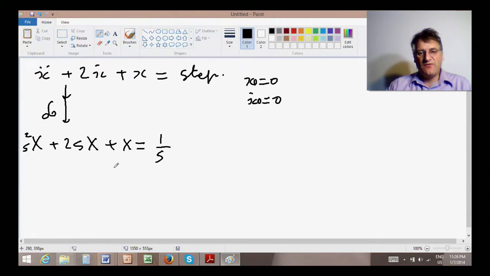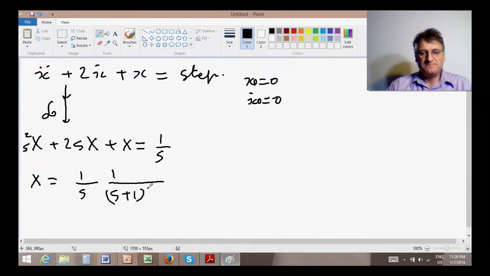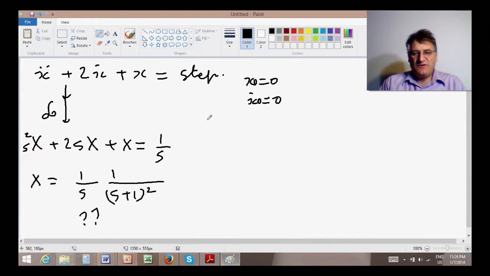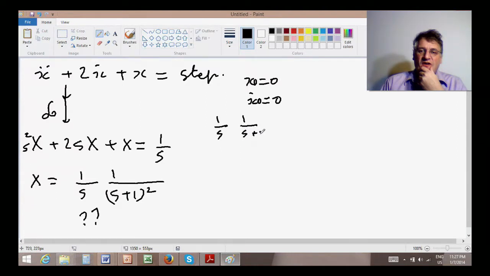So very quickly, what we get is that X must be equal to 1 over s times 1 over s plus 1 squared. What is that anymore? Well, what we're going to do is write it as a couple of things: something involving 1 over s, something involving 1 over s plus 1, and something involving 1 over s plus 1 squared.